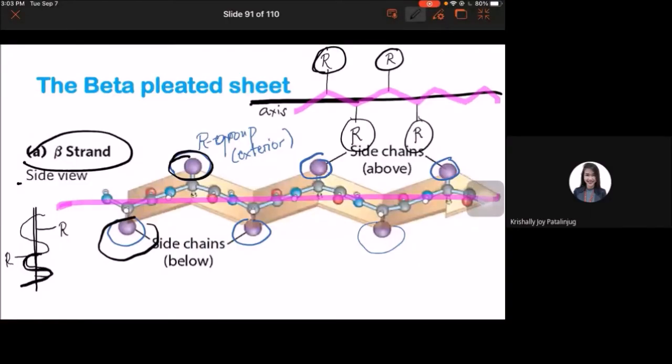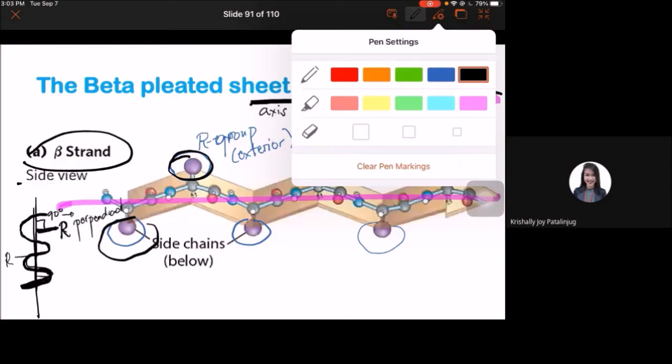Kasi nga sa alpha helix, di ba, naka-vertical yung axis. But look at the R groups. Nasa exterior din naman yung mga R groups. Di ba nakakabuo ka rin ng 90 degrees angle. So, kapag may 90 degrees angle, perpendicular yan. Tingnan yung sa beta pleated sheet yung nasa right portion.